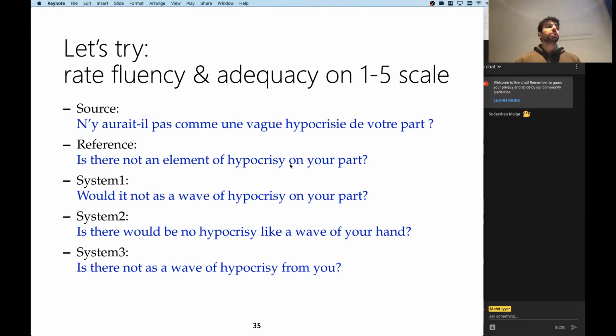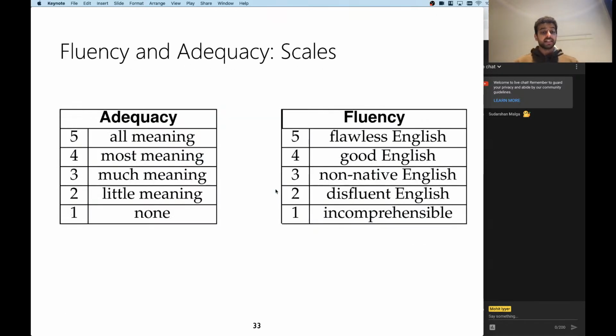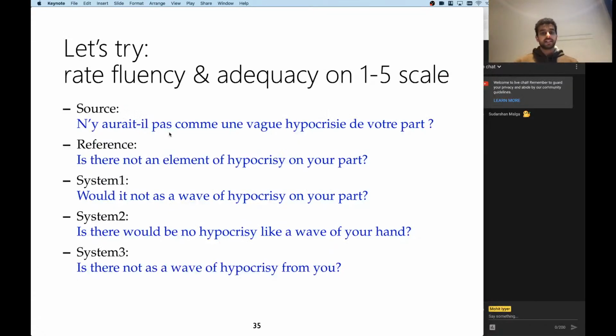For each of these 3 outputs, let's try rating the adequacy on a scale of 1 to 5. System 1 produced, would it not as a wave of hypocrisy on your part? Remember that in our adequacy scale, 1 is the lowest adequacy, 5 is the highest. So if you raise your hand, would you give this system 1 output a 1 out of 5 for adequacy, does it preserve the meaning of this reference sentence or not? 1 is the lowest.